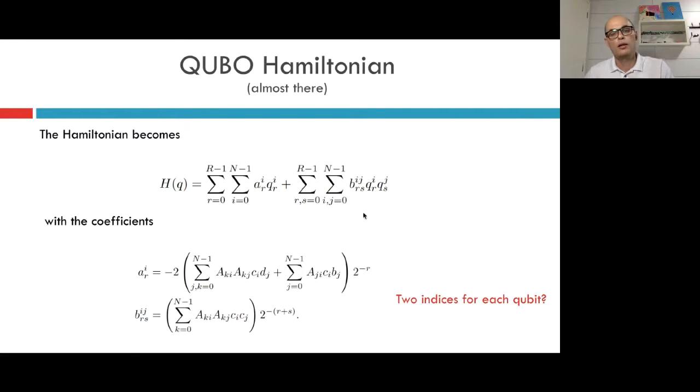But here we note this is not exactly the Ising Hamiltonian, because each variable q, that is the bit, is indexed by 2 indexes instead of just one, as in the Ising Hamiltonian.